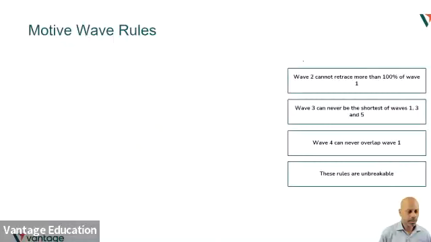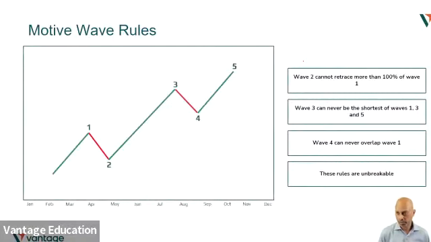So some basic rules that we should stick to when it comes to the motive rules. This is the move starting point, point 0, point 1. Let's assume this is 0% and this is 100%. That means wave 2 cannot retrace more than 100% of wave 1.